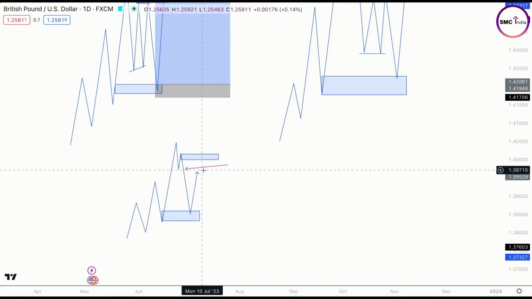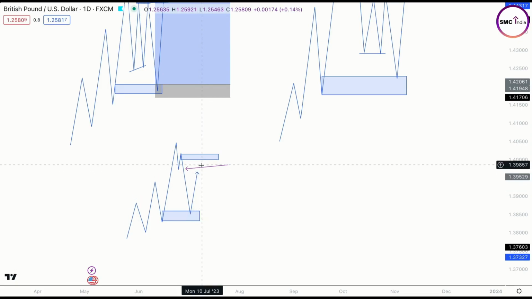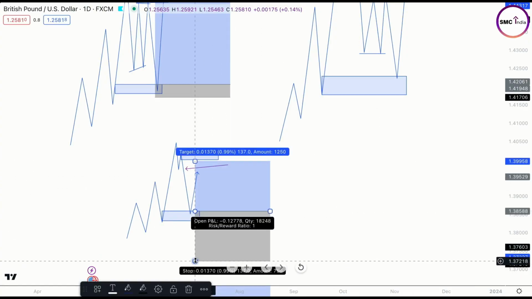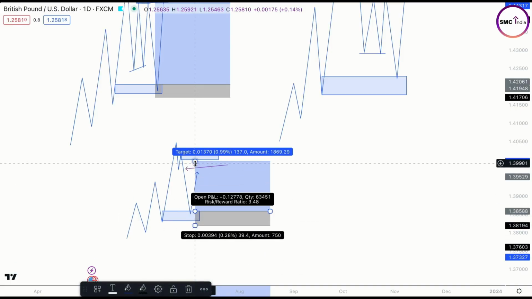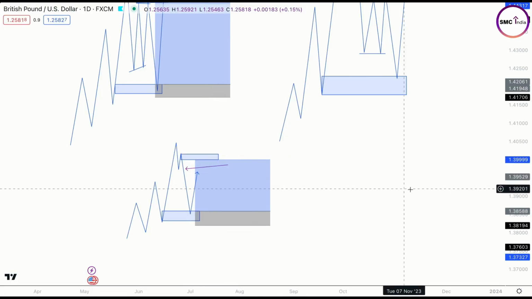So this imbalance gives you a confluence that the price is going to fill this imbalance up to this supply block. So what you do as a trader is that since you know that there is imbalance to be filled, you take your buy limits here, putting take profit levels up here, because you know that this imbalance is going to be filled.